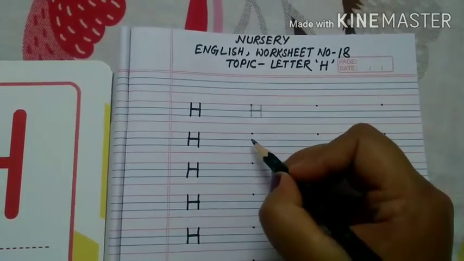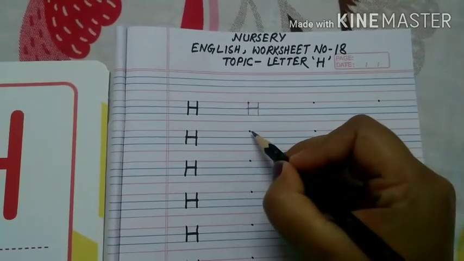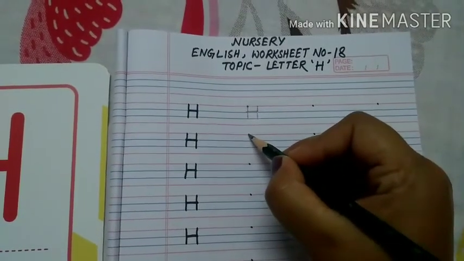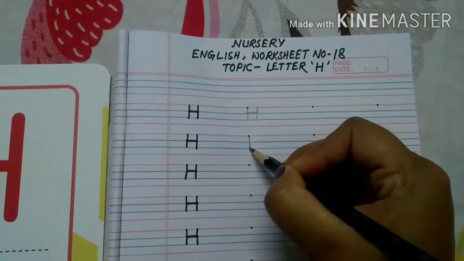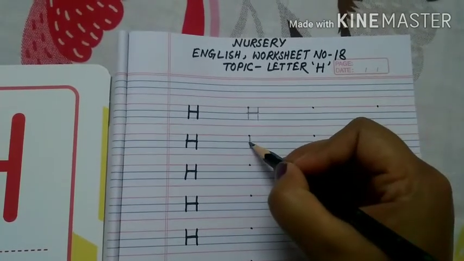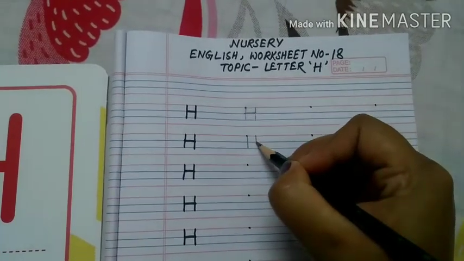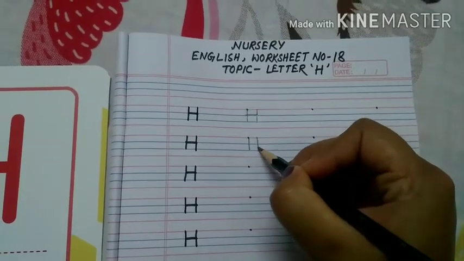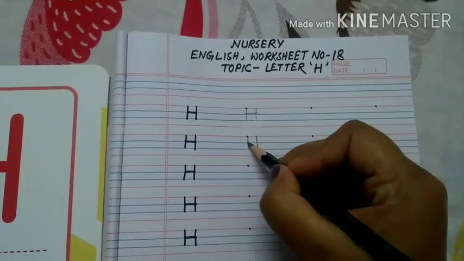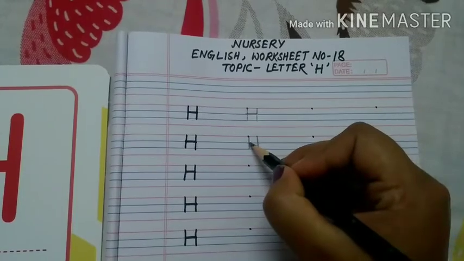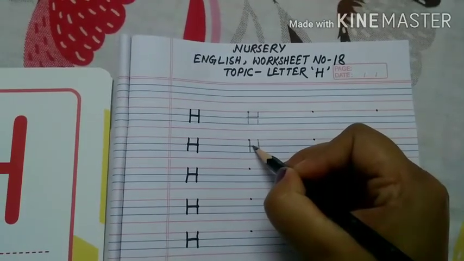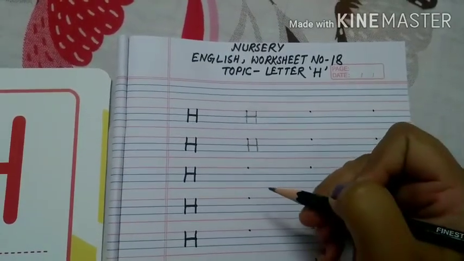Okay, so let's try it again. First go to the top, then draw a standing line. Two standing lines, one after another, like this. Then go to the middle and join the two lines with a sleeping line in the middle.